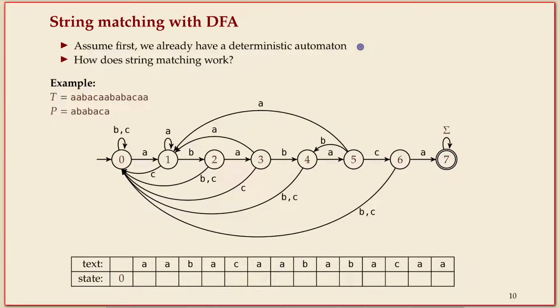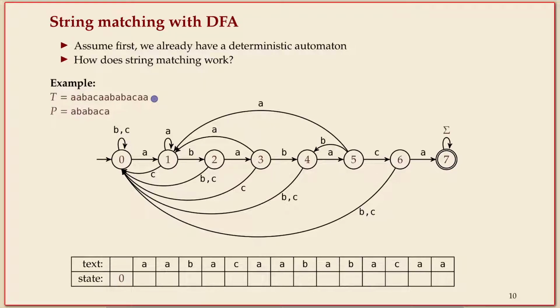I first want to convince you how you can do string matching with this DFA, where we still have to address the problem that this regular expression just said there's some occurrence somewhere in the text. It didn't directly tell us where the occurrence is, and it didn't guarantee that we find the first occurrence. Both of which are really no problems, but I think an example makes that clear.